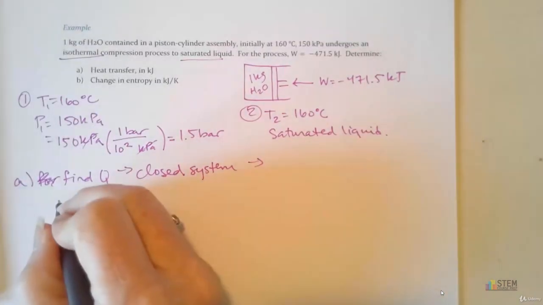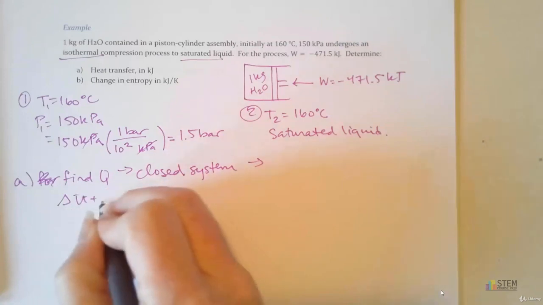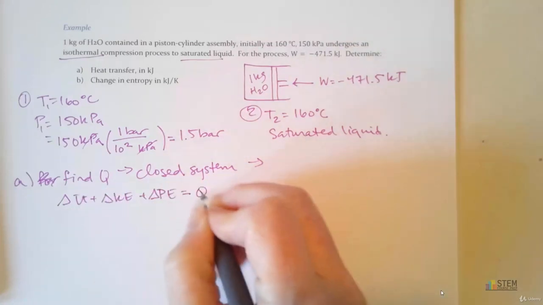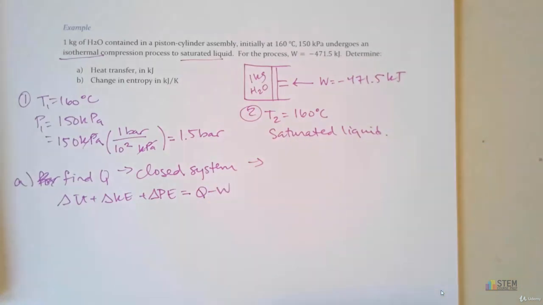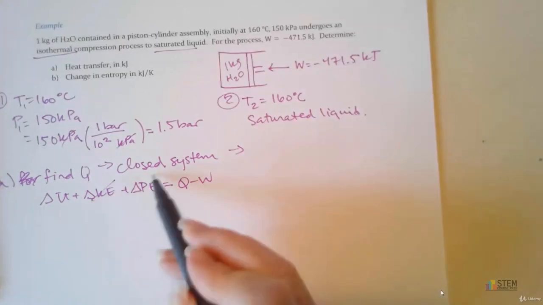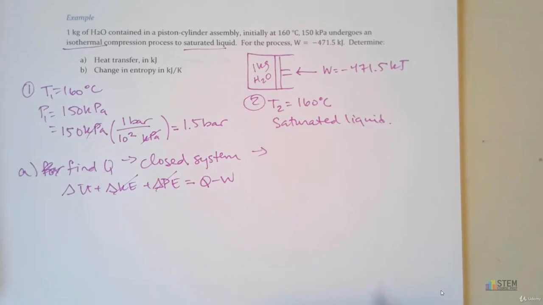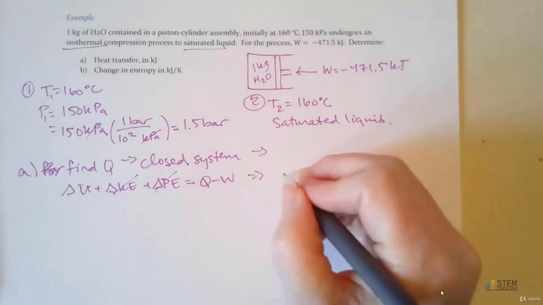That's going to lead us to delta U plus delta KE plus delta PE equals Q minus W. With this piston cylinder assembly, are we going to have kinetic energy and potential energy? That's really going to change anything? Nope, those go away. So we are simplifying everything, which is good.